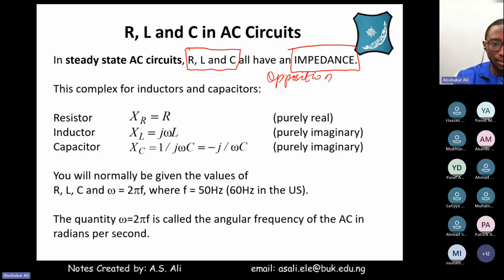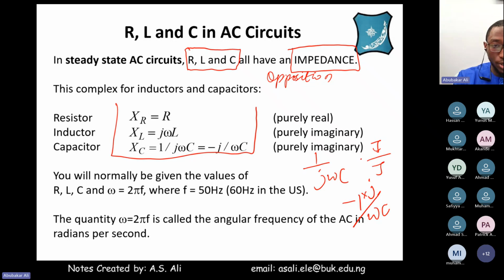If you multiply 1 over jωC by j and divide it by j, the j times j gives minus 1, so minus 1 goes up, divided by ωC, and that j is there multiplying it, so we get minus j over ωC. So these are the corresponding impedances of R, L, and C.